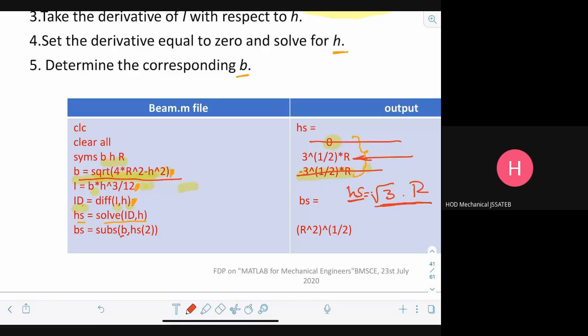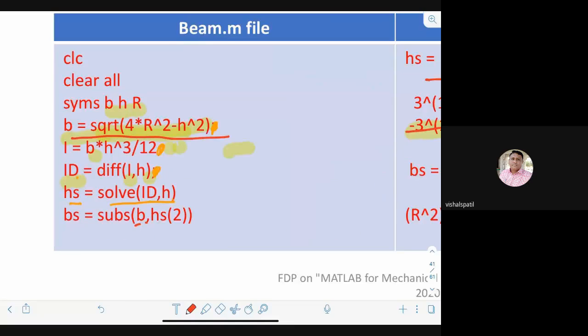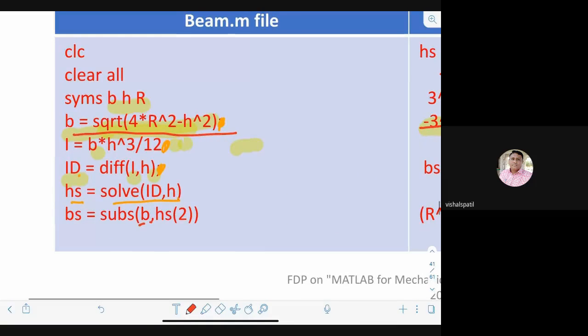Remember, in that I want you to replace H. You need to replace H in terms of HS so that you get the optimum value of B also.